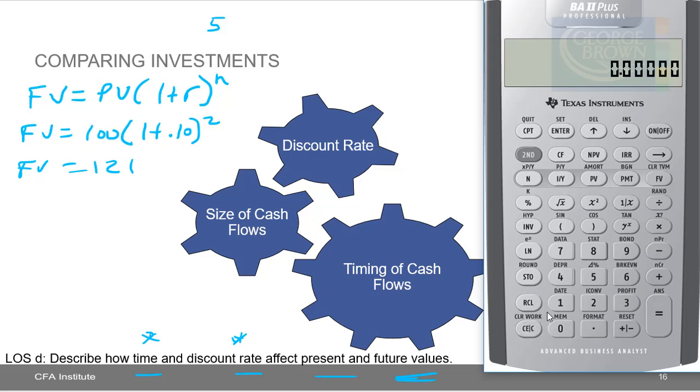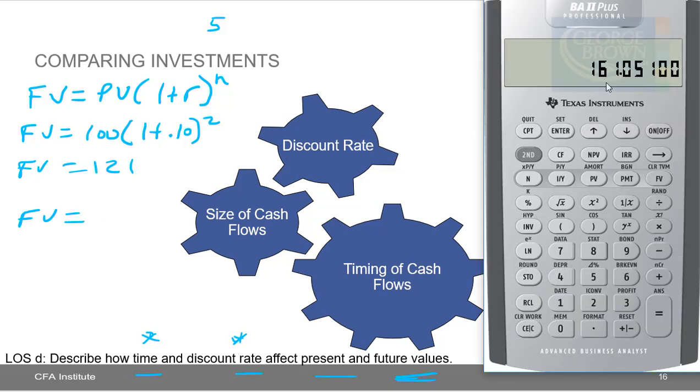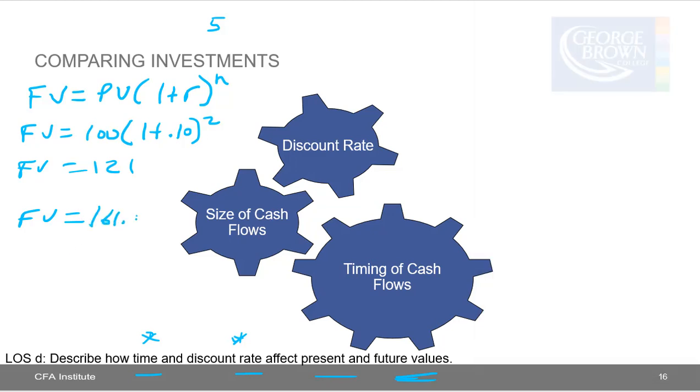Same interest rate, so it's 1 plus 0.1, 10%, y to the x, 5, times our £100, and we can see that the future value after 5 years is going to equal £161.05. So with regards to future value, as we increase the amount of time, we increase our future value, okay?